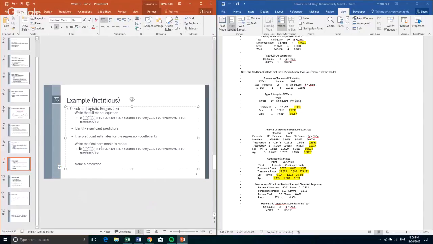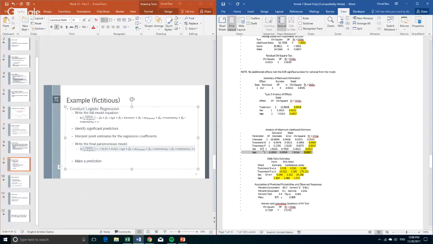Okay, so we have our intercept. The intercept is right here, minus 20.87. We're going to round it a little bit. Age. Age is a significant predictor, so let's keep that. And the regression coefficient on age is 0.265. Duration was not significant, so we're going to remove that.